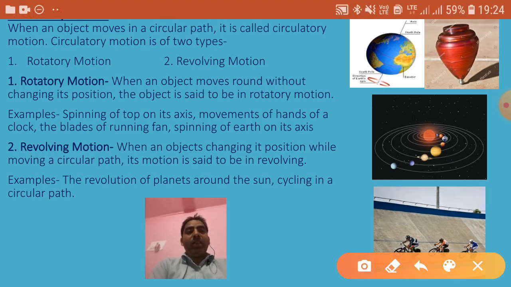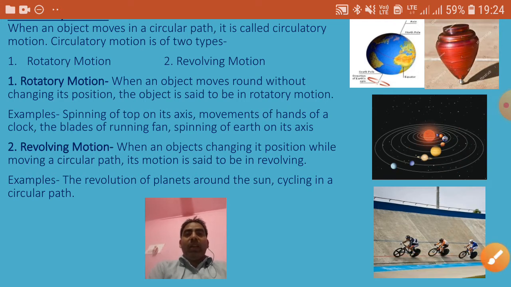Here you can see all the planets are moving around the sun, that is also circulatory motion. The next examples are the motion of the hands of a clock and the spinning of a top, also a kind of circulatory motion. Now it is divided into two types, rotatory motion and revolving motion.